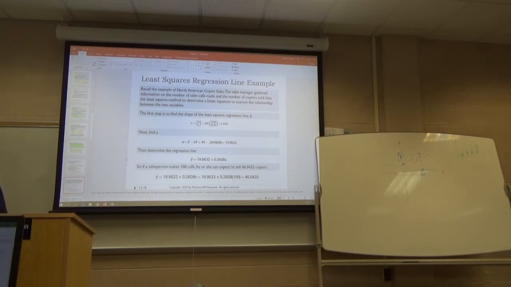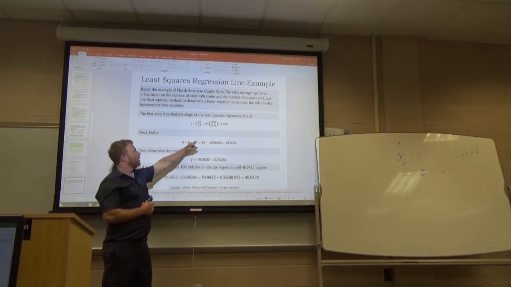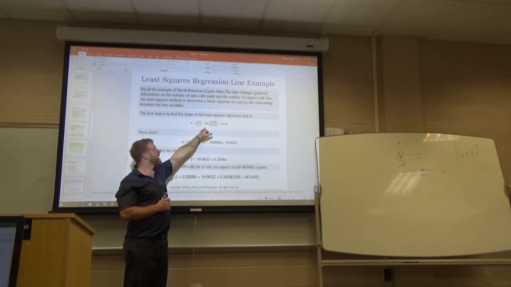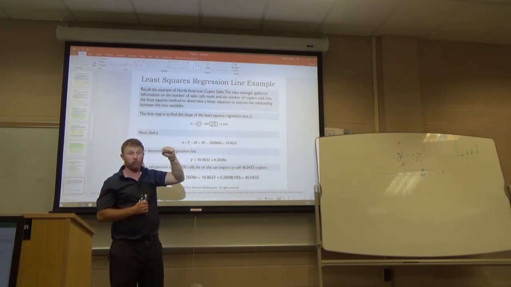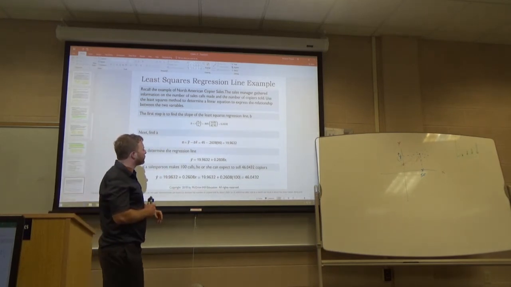All right, so the first step is to find the B, isn't it? What we just said. Because we got to use that B in the other ones. So what are we going to do? Remember our R that we already saw before was 0.865. Remember, it was a strong relationship, wasn't it? Strong positive relationship.